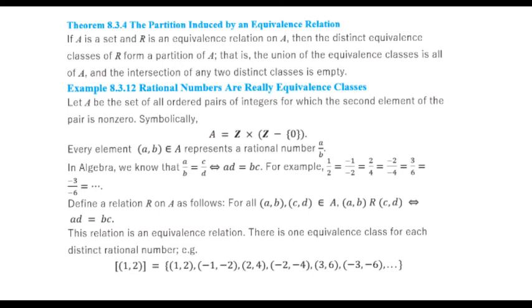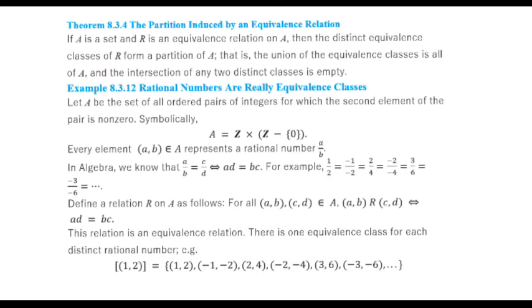So in this case, we can say the union of all the equivalence classes is all of A, meaning they build up A, and the intersection of any two distinct classes is empty. We are not going to prove this theorem, but we are going to use this theorem a lot. So let's see an example.